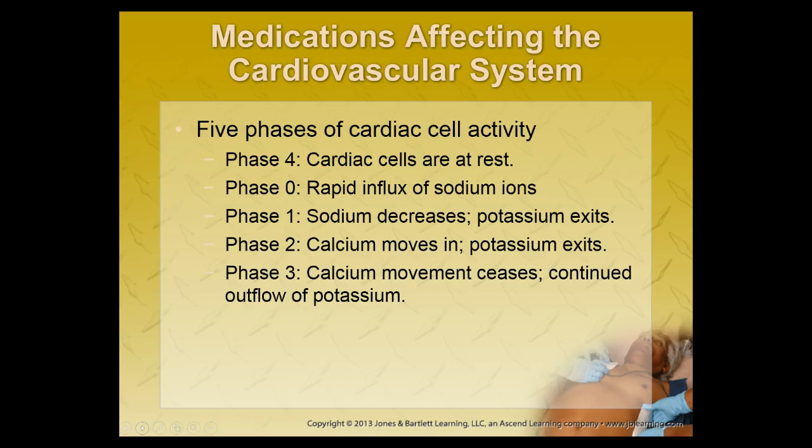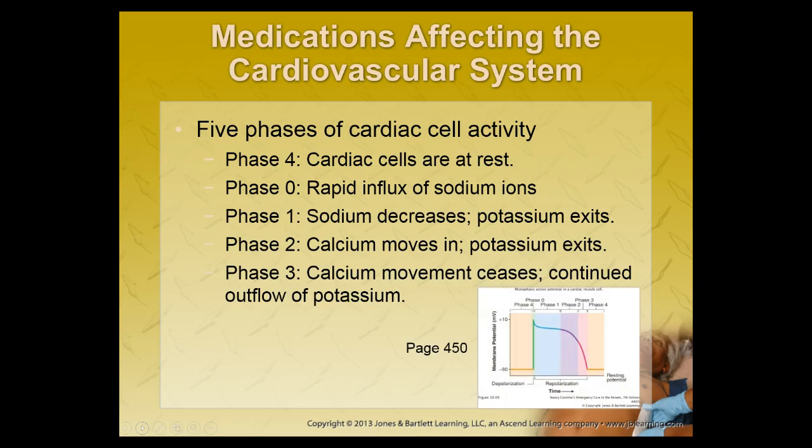Phase 4 is the inactive phase, but there are 4 active phases: 0, 1, 2, and 3. This is graphically described in your book on page 450. So you should turn to page 450 of your book to see what each one of these represents.